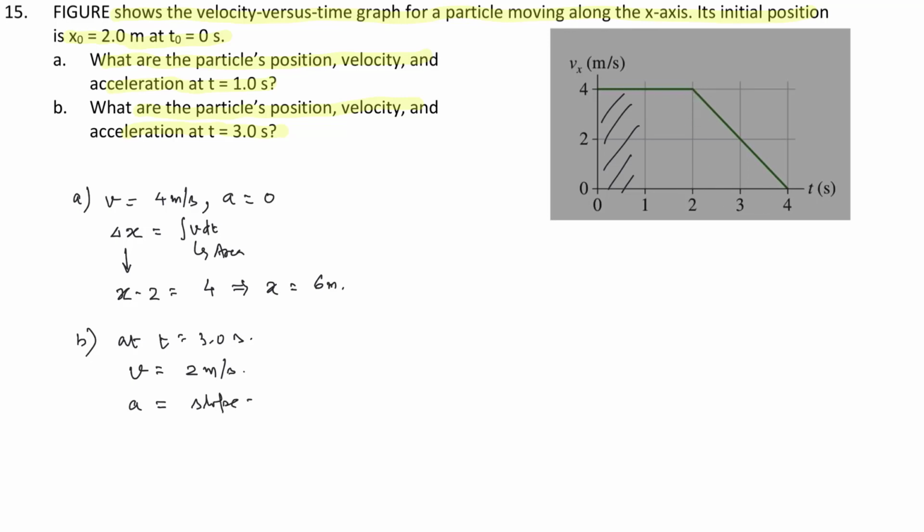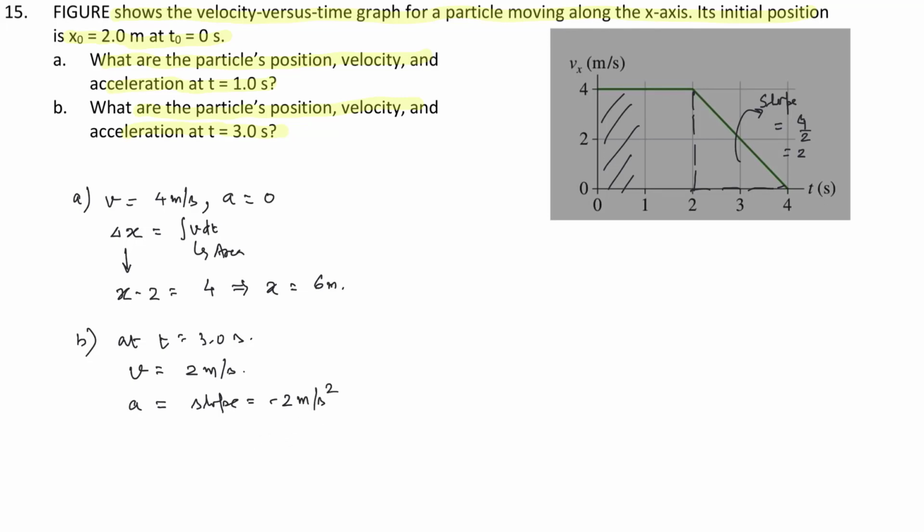So how much is slope? 4 by 2. This side is 4, this is 2, and sign is negative, so it is minus 2 meter per second square.